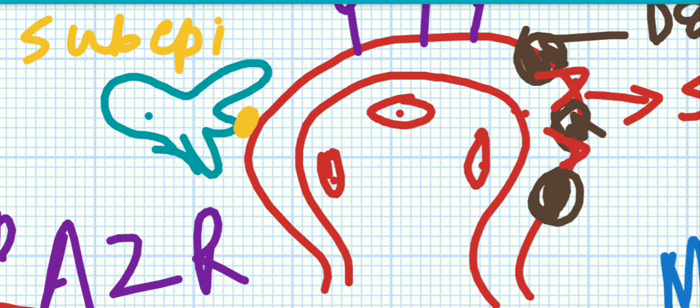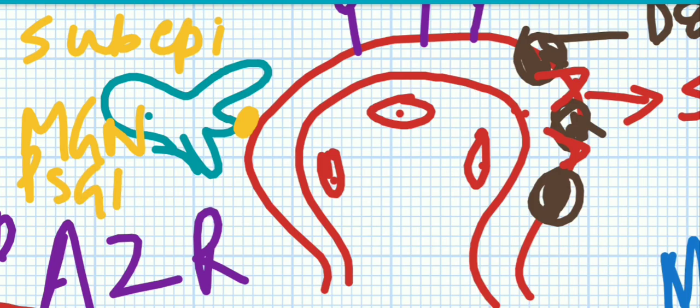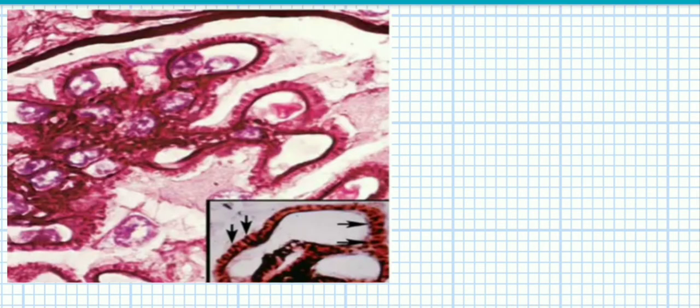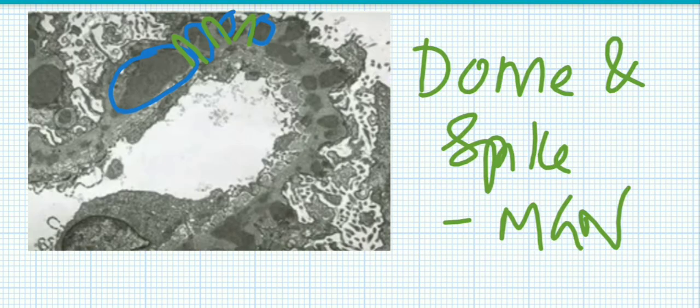Subepithelial deposits are also seen in another disease, post-streptococcal glomerulonephritis. So in both conditions, MGN, membranous glomerulonephropathy, and post-streptococcal glomerulonephritis. The picture which we discussed at first is about electron microscopy, where you get this dome and spike appearance.